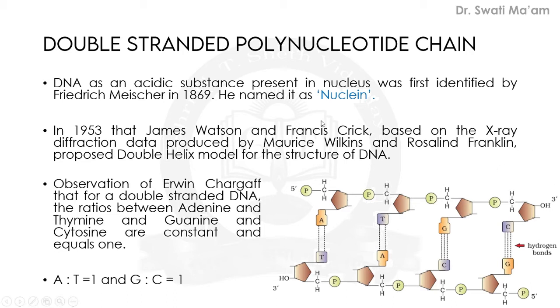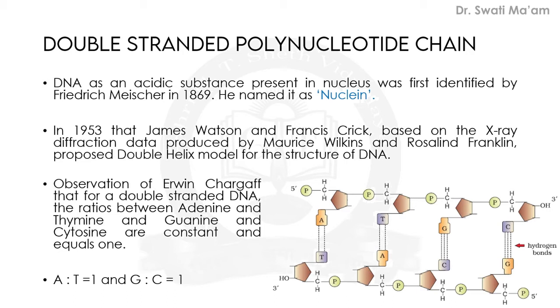It is an acidic substance, and firstly it was known as nuclein. Due to some limitations, the scientists were not able to isolate such a long polymer, and DNA was renamed after a long time.